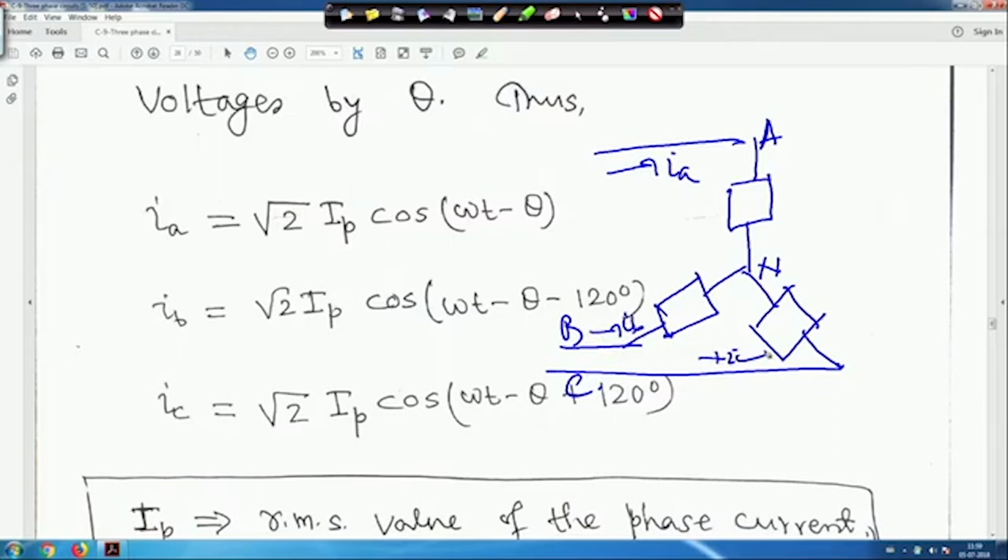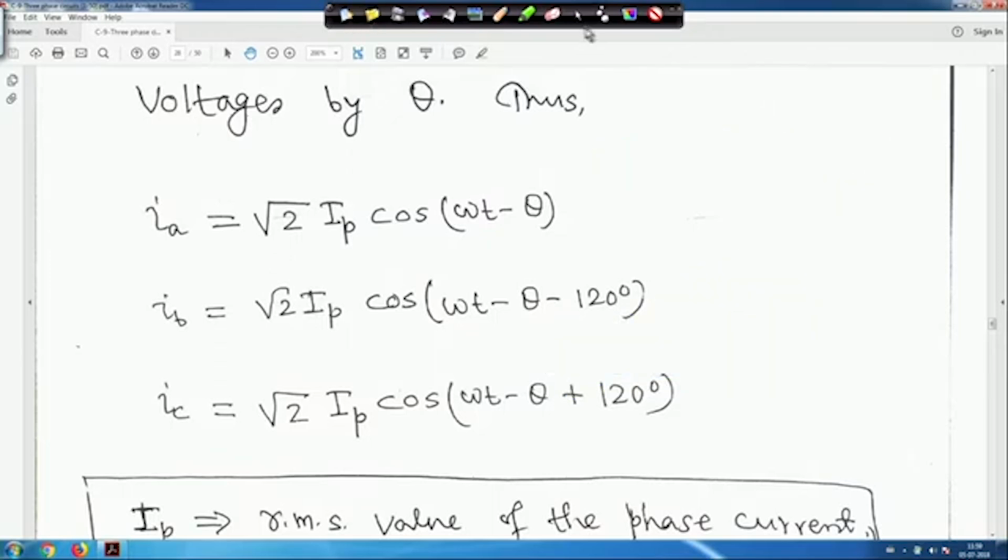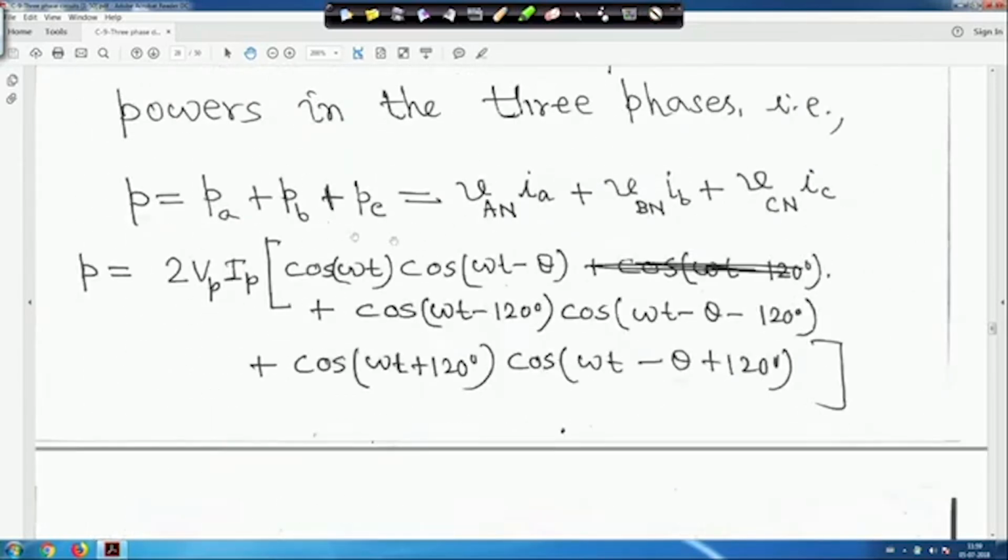For this phase it will be Van into Ia, similarly for this phase Vbn into Ib, and for this phase Vcn into Ic. This point is N. That's why we are making it Van into Ia plus Vbn into Ib plus Vcn into Ic.